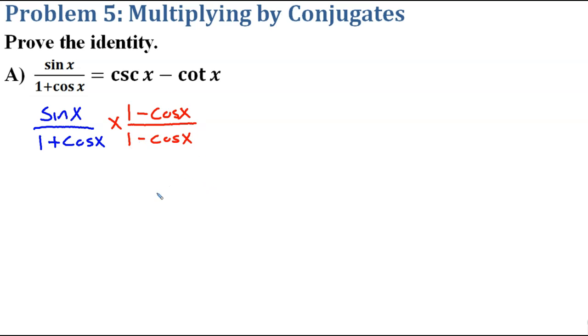Remember, conjugate means the same binomial, just switching the sign of the second term. Okay, and why would I want to do that? Well, let's show you. Let's take care of the numerator first. Sine times 1 and sine times negative cosine will give me sine x minus sine x cosine x.